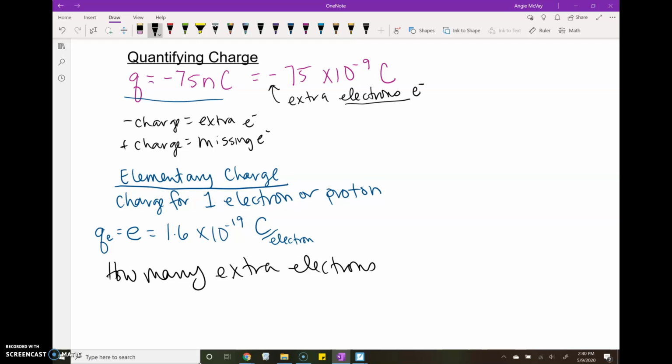Man, my handwriting is horrible today. Sorry, you guys. How many extra electrons?